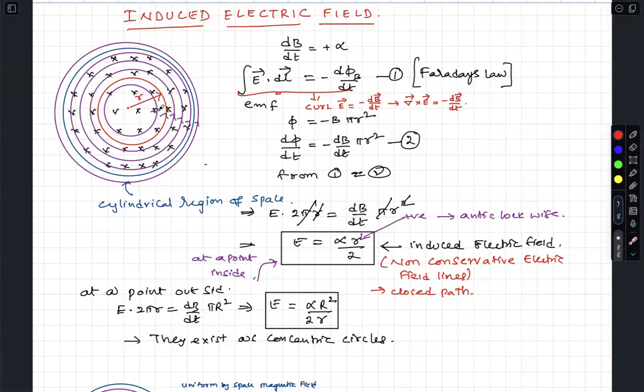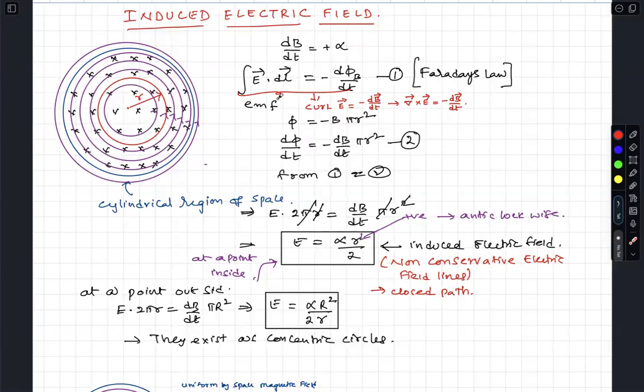And this inward magnetic field is changing with time in magnitude. That change is expressed as dB by dt is plus alpha. I am giving you the increasing case, right?